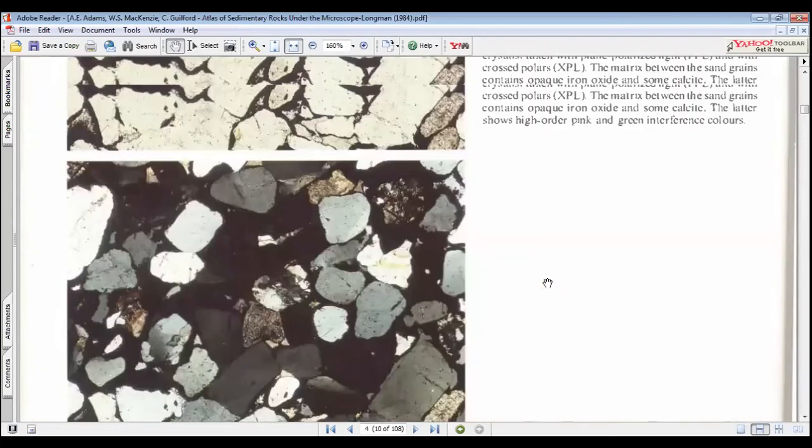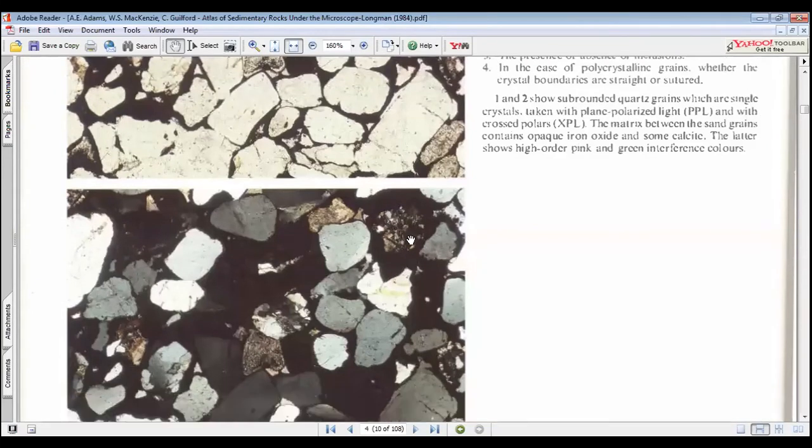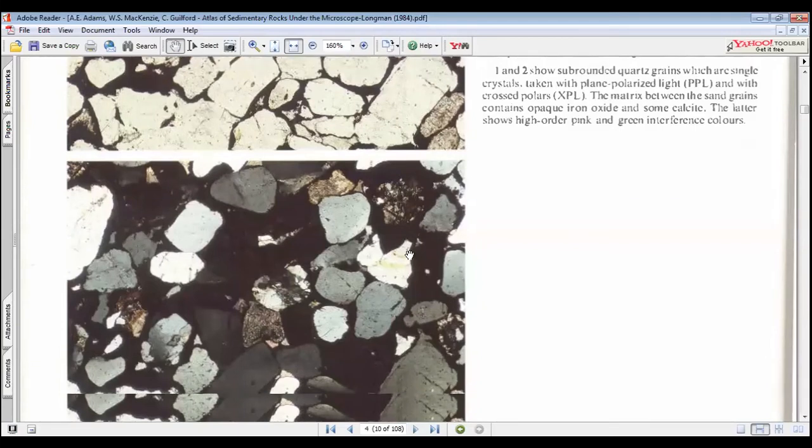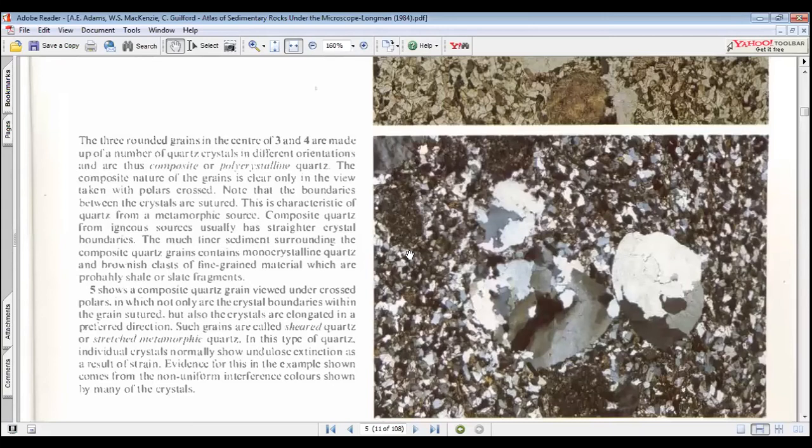The quartz that we saw earlier is monocrystalline quartz, and it is normally sourced from igneous rocks. However, polycrystalline quartz is normally sourced from metamorphic rocks, and it shows that the metamorphic rocks at some particular location were being eroded and then transported to a new location.